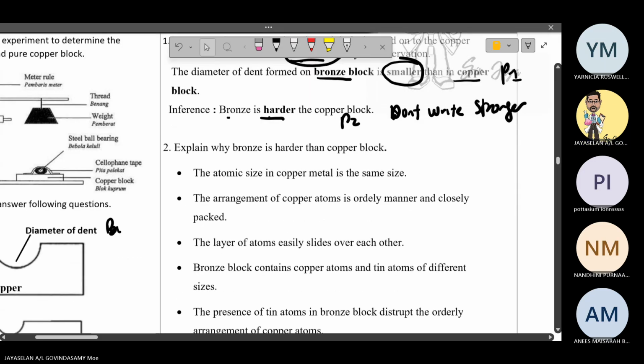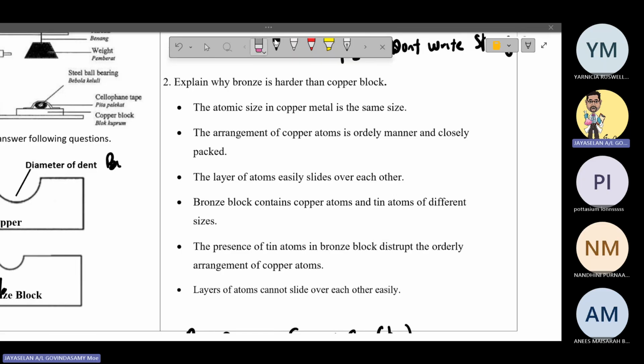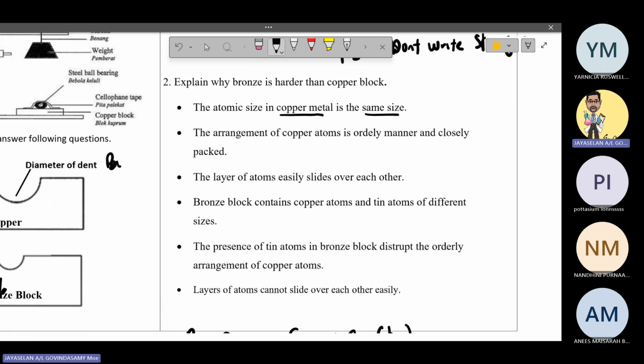Any question? Okay, they ask you to explain. Sini ada satu benda you kena tambah, kan? Why bronze is harder than copper block? Answer copper block first. The atomic size in copper metal, or copper block, is same size. You already score point 1.